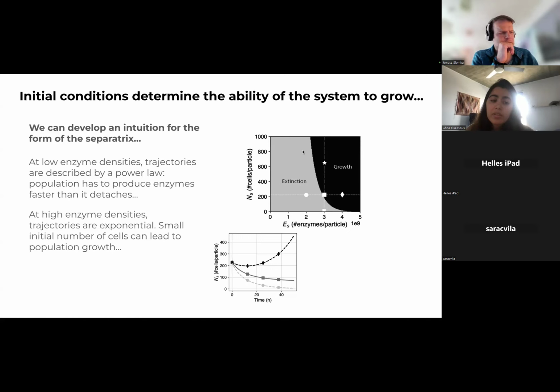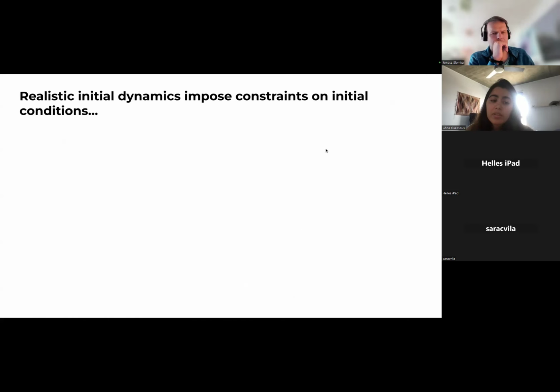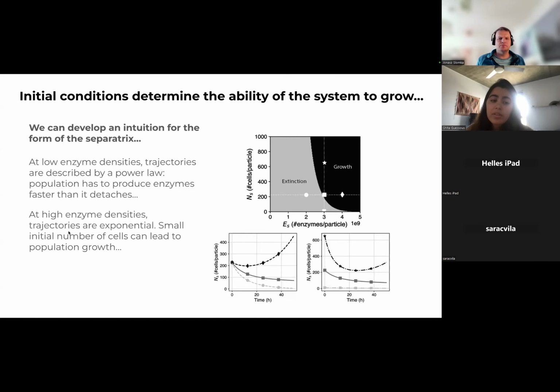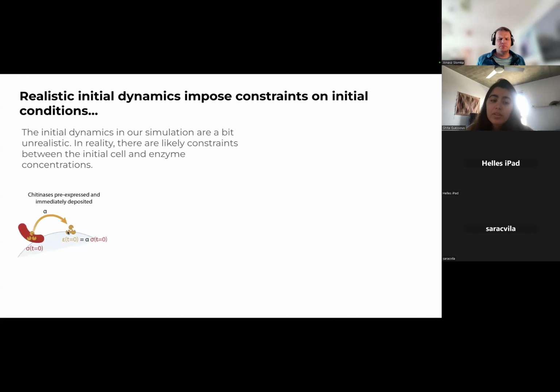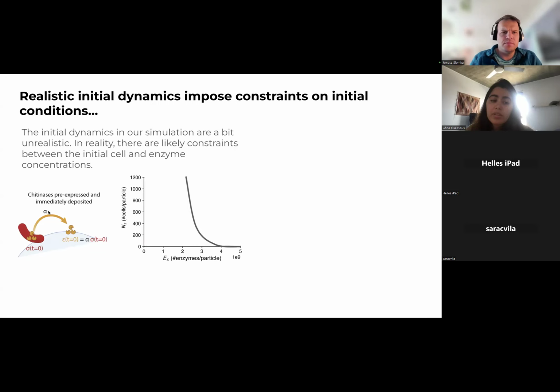In particular, let's say cells are arriving at specific particles with enzymes, and they have a certain amount alpha of enzymes within them. And so one way we can think of the diagram, as I was showing you through the separatrix, is that there is an extinction phase and a growth phase. But let's scan this, right? This just means that you can only have as many enzymes as you have cells.